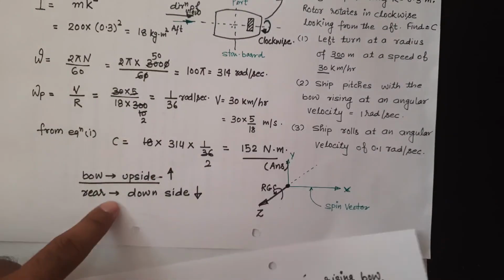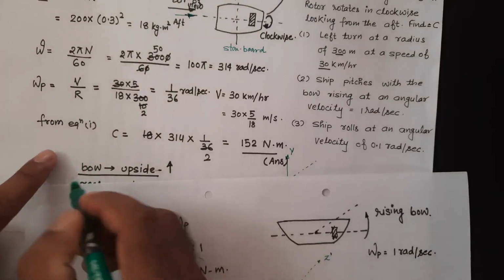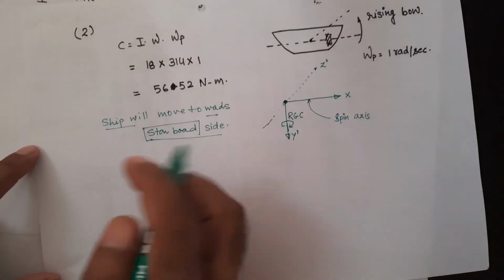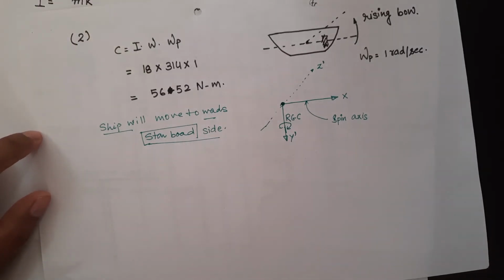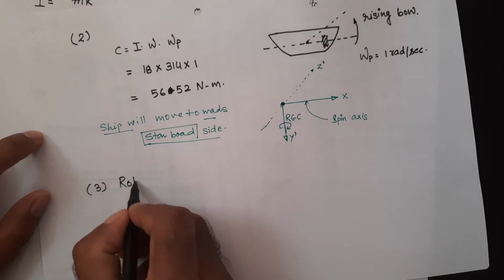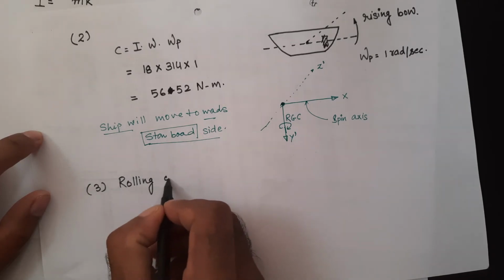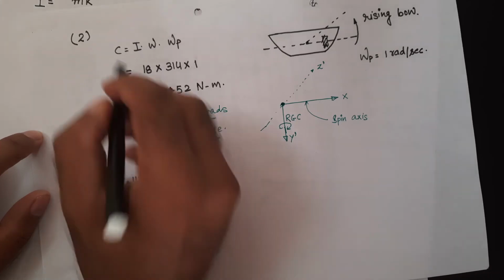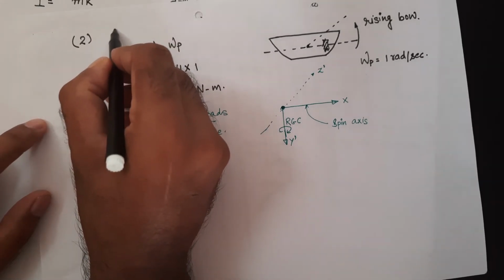and because of steering, the bow will rise upside. So if you combine, let us first take the third case. In the third case, it is the rolling of the ship. As we all know, this is your pitching.